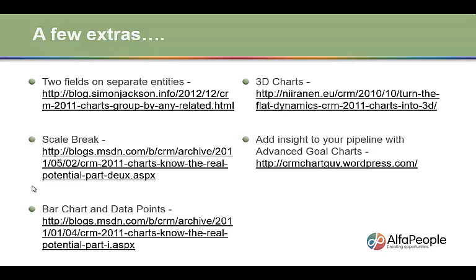With the bar chart and data points, it allows you to create multi-series charts with your own styling. And with 3D charts, I don't really have to say too much more about that because they do exactly what they say they do. And the final one is adding insight into your advanced goal charts. Now, goal charts are fantastic, but this takes it to another level because in goal charts you can see your actual versus in progress, but you can't really tell how you're doing with those in progress.